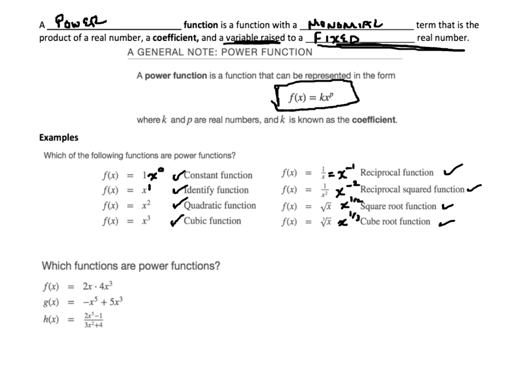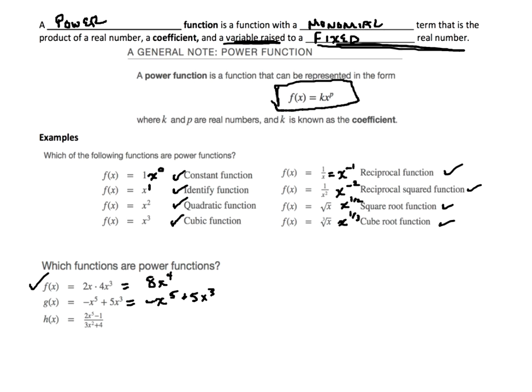function. So which down here are power functions? This first one is because if I multiply those factors together, I get 8x to the 4th. So it fits the description of a power function. Here, I cannot combine my x to the 5th term and my x cubed term, so I have negative x to the 5th plus 5x cubed.